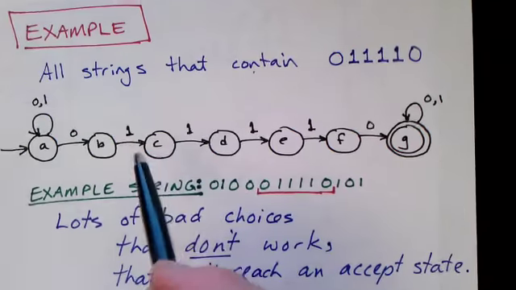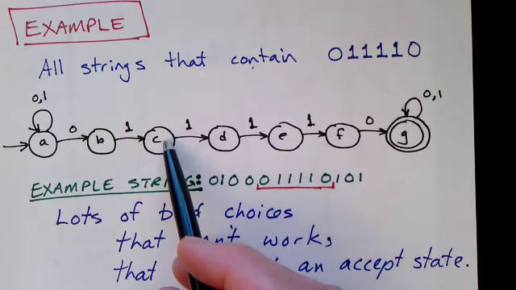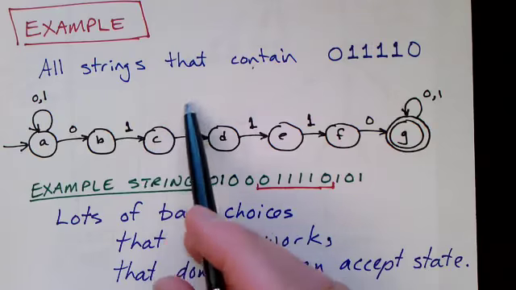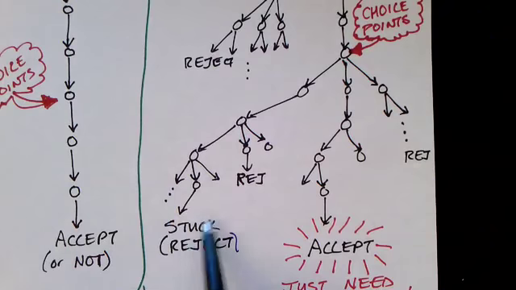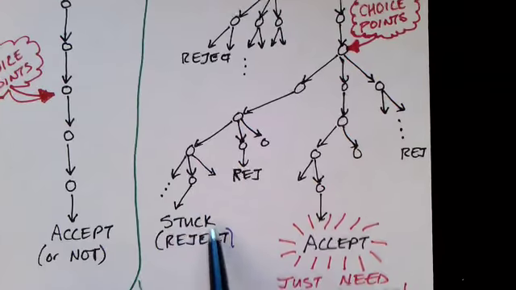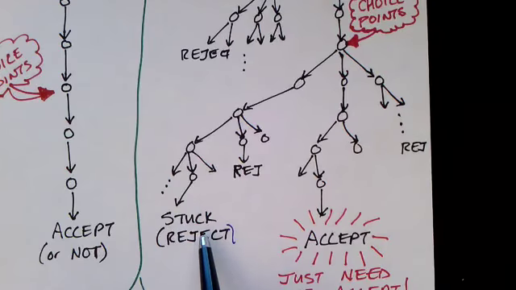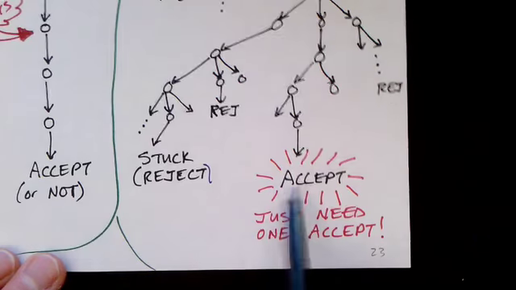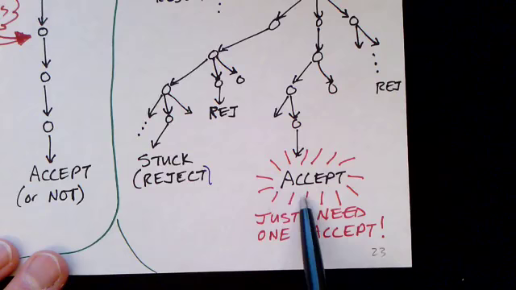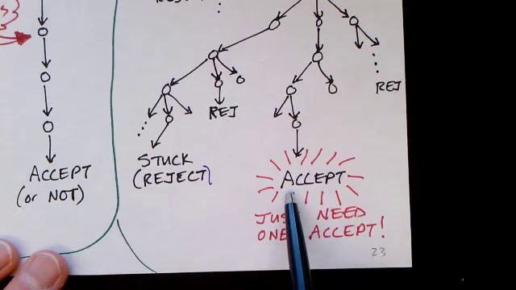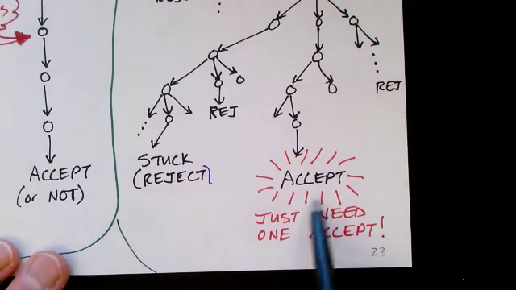But with non-determinism and non-deterministic finite state automata, we don't necessarily need that dead state. There can just simply be no possible choice to take. So that means we can get stuck at certain points. And getting stuck is equivalent to rejecting. But all we need is one set of choices that will lead to acceptance. We just need one possible way to get from the initial state to a final state. And then we will accept the string.